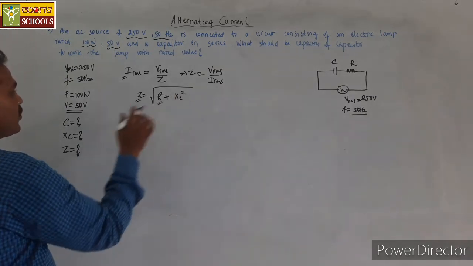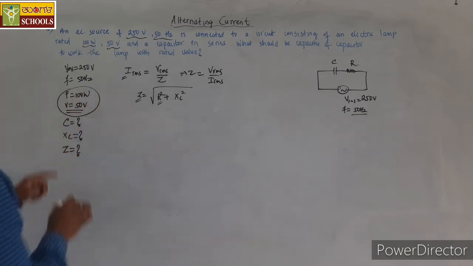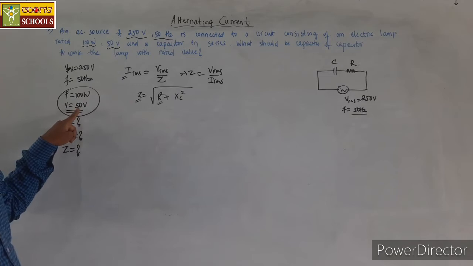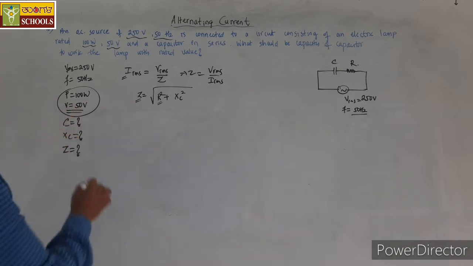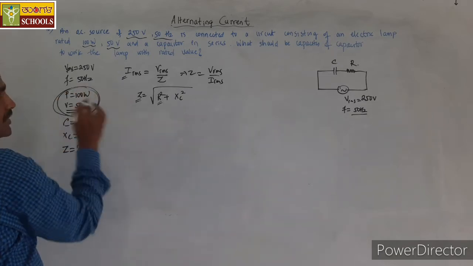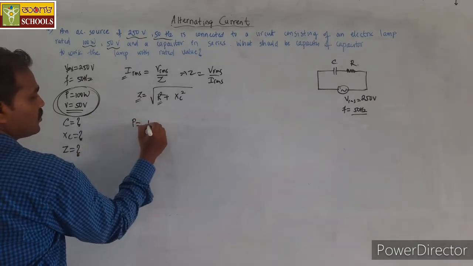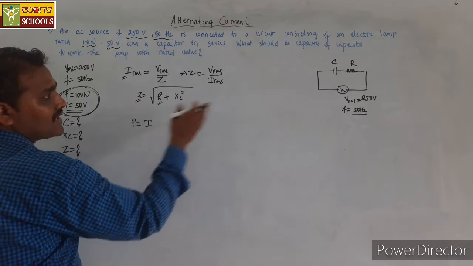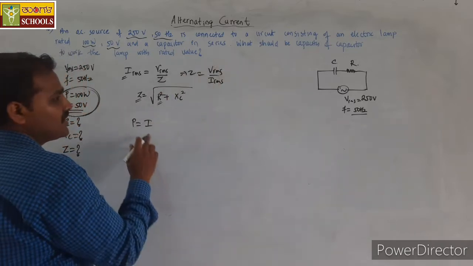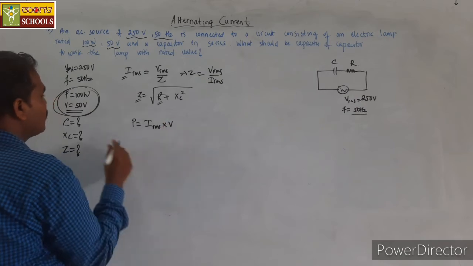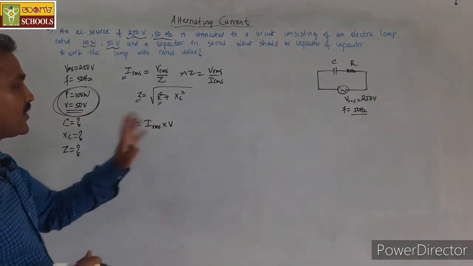So for that, what we shall do, they have given the bulb operates at the power of 100 watt and it consumes the voltage of 50 volt here. So using these values for the given bulb, I can write power is equal to current flowing through the bulb, since it is in series combination the current is same, that is IRMS, into the voltage across the bulb, that is 50 volt.